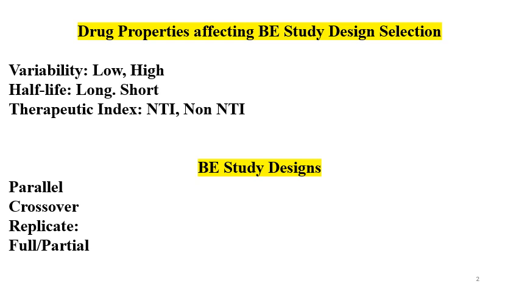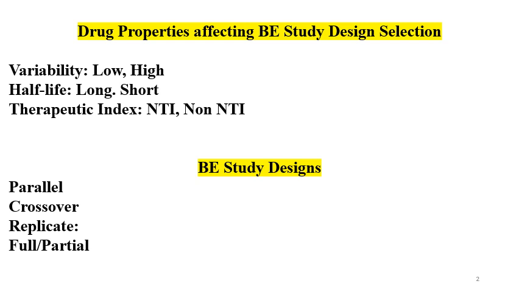Whenever you are dealing with the BE study design, you should understand and know the key parameters related to the drug molecule which are important for the study design selection. First is variability in the absorption, metabolism, or variability in the pharmacokinetics.